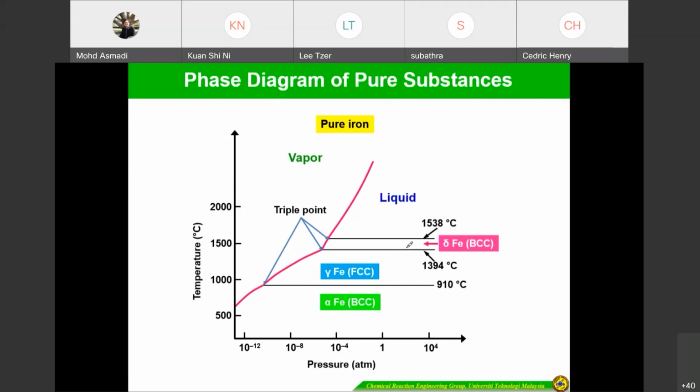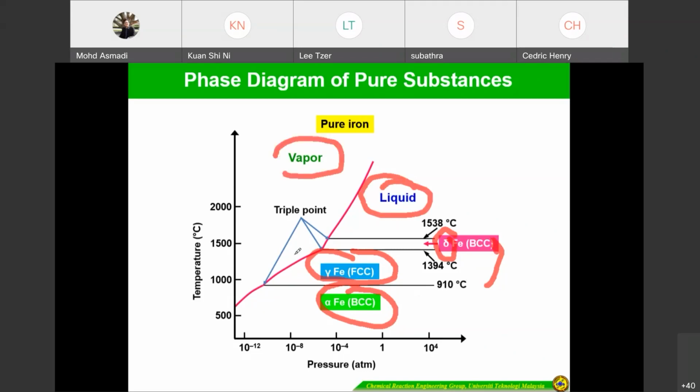For example, if you heat from 500 to 1000 something, alpha becomes gamma, and gamma becomes delta. You have to know this. The unit cell structure changes from BCC to FCC, and FCC will become BCC. And this one is already liquid, and this is vapor.